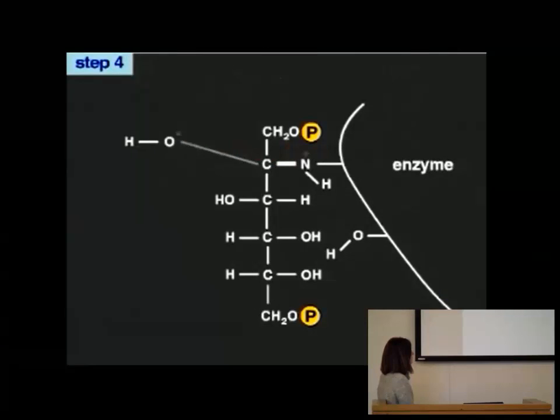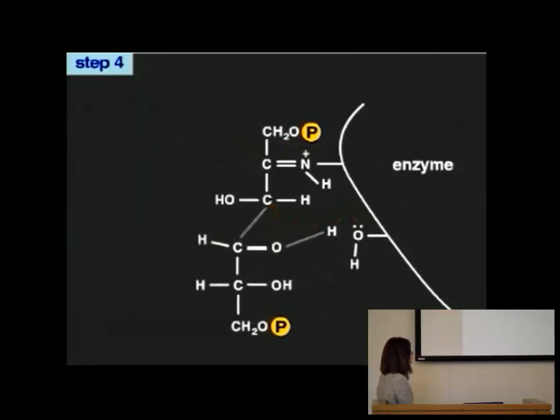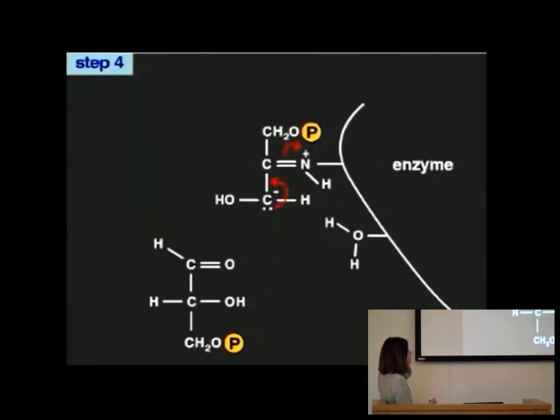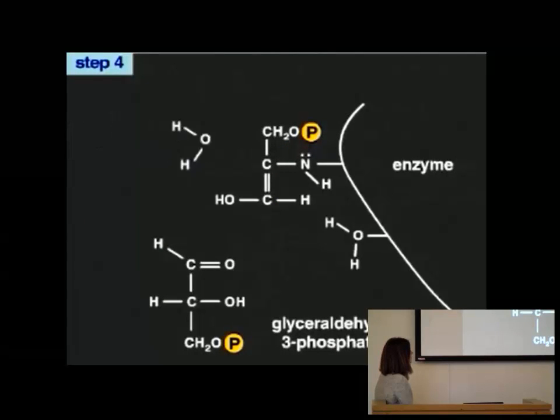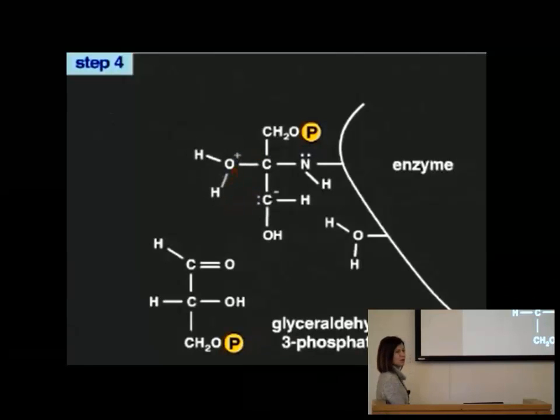One molecule that is formed is the 3-carbon glyceraldehyde 3-phosphate. The enzyme performs additional reactions on the second 3-carbon molecule. Very cool. So we now have 2 molecules. The second is dihydroxyacetone phosphate.